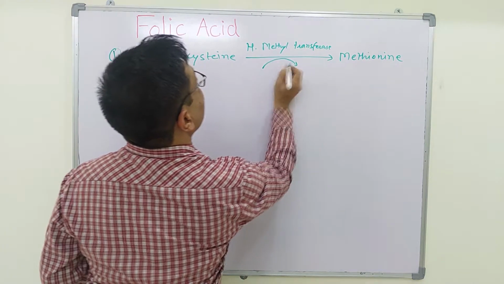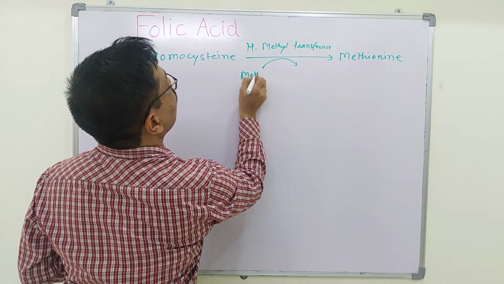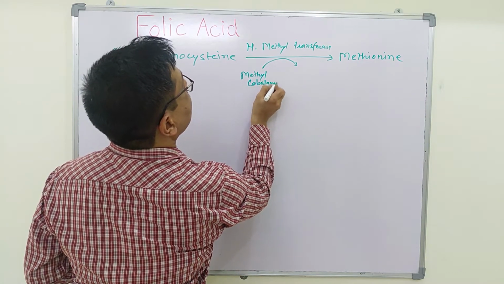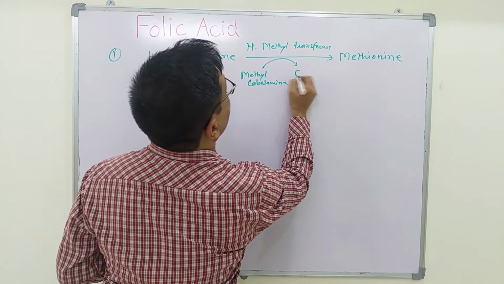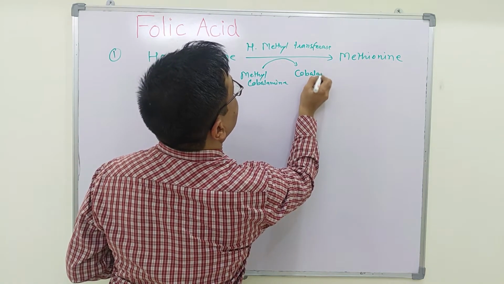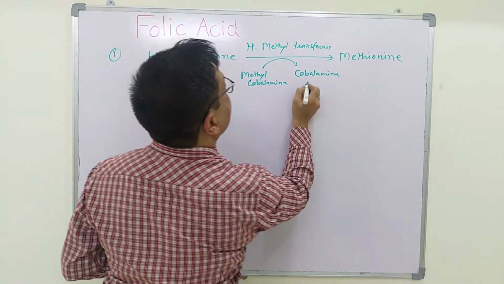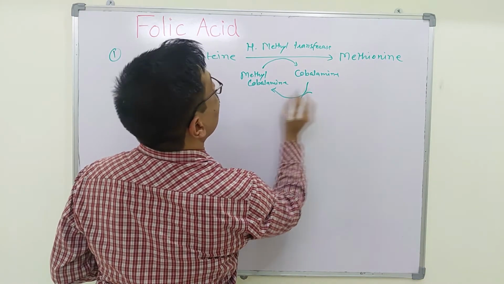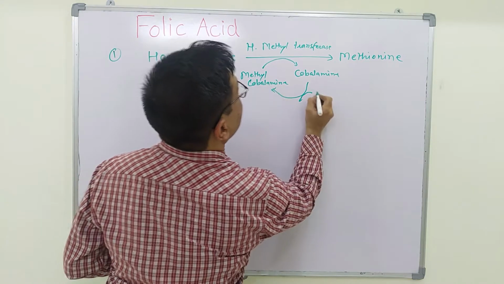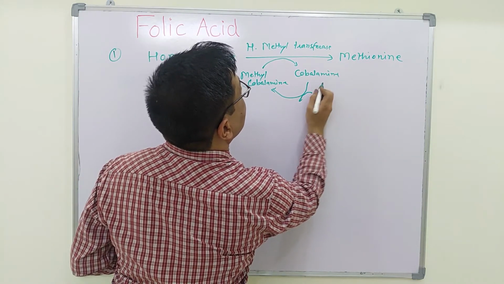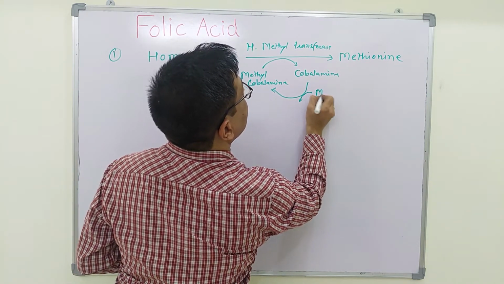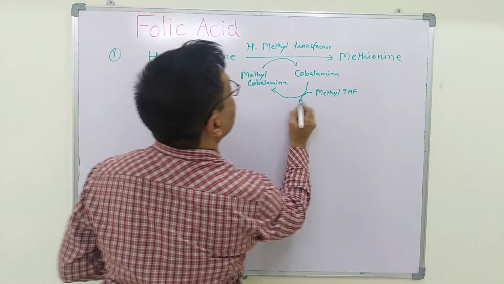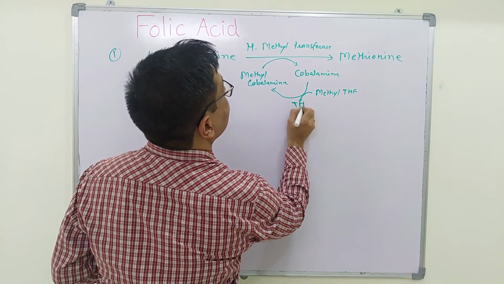The methyl group is contributed by methylcobalamin, which is converted into cobalamin, and this cobalamin is converted into methylcobalamin with the help of methyl tetrahydrofolate, which is converted into tetrahydrofolate.